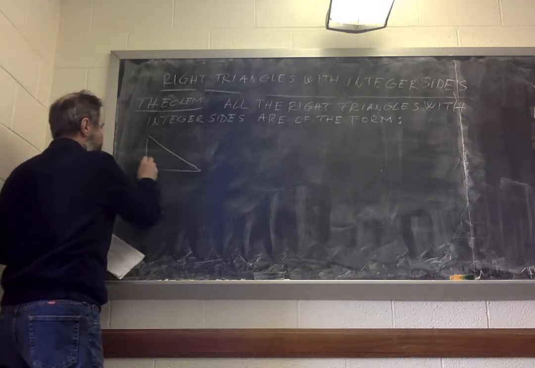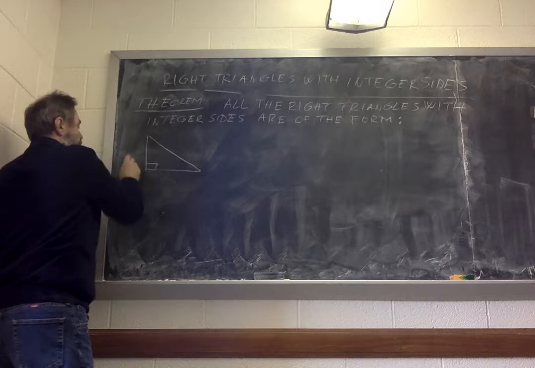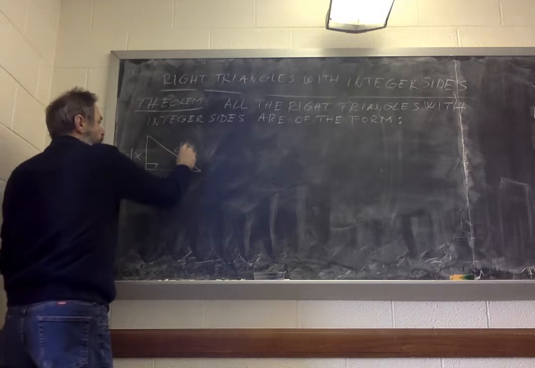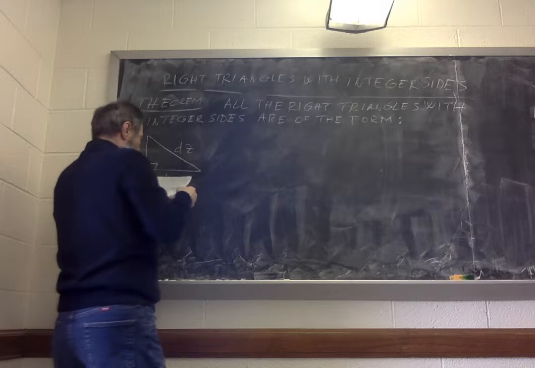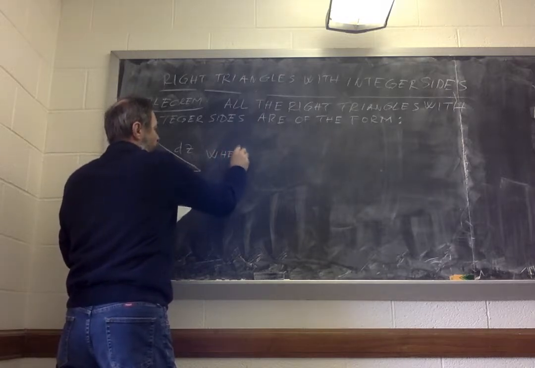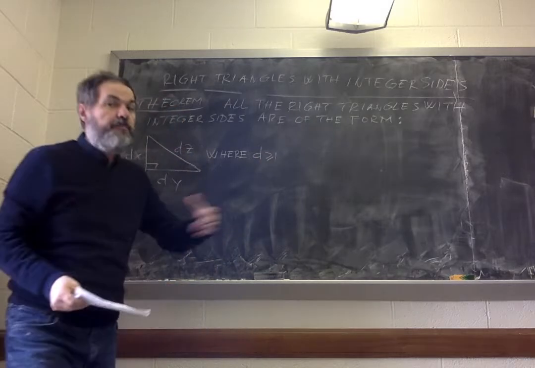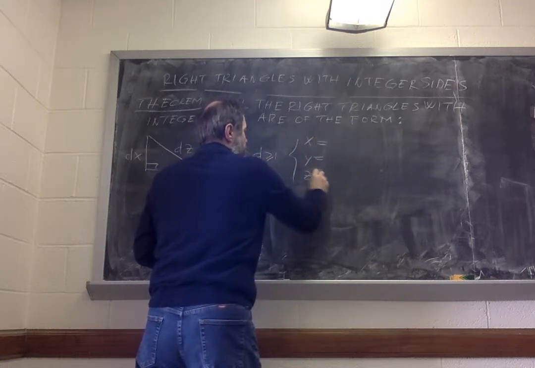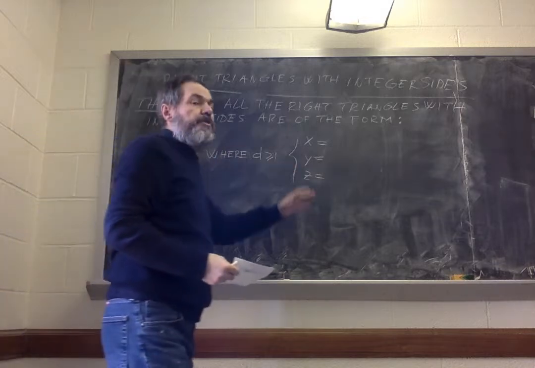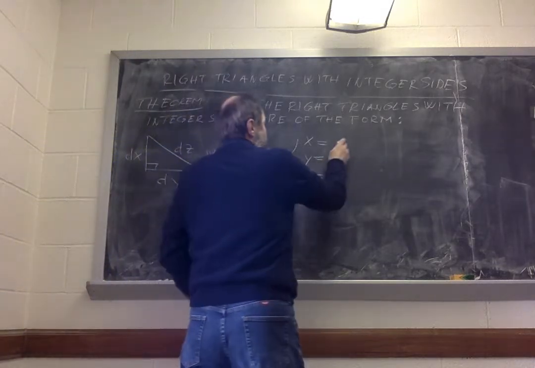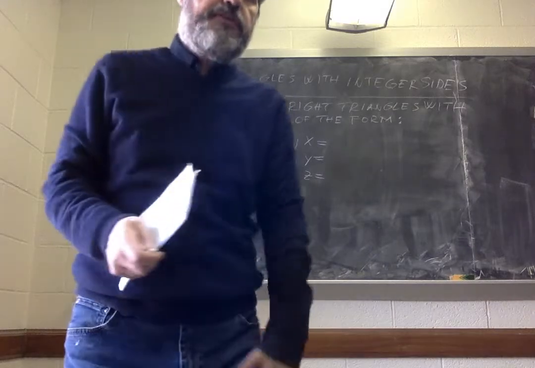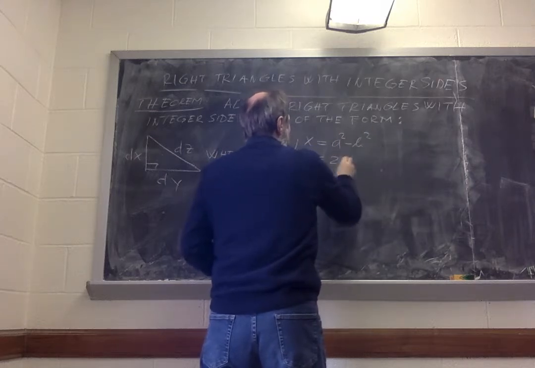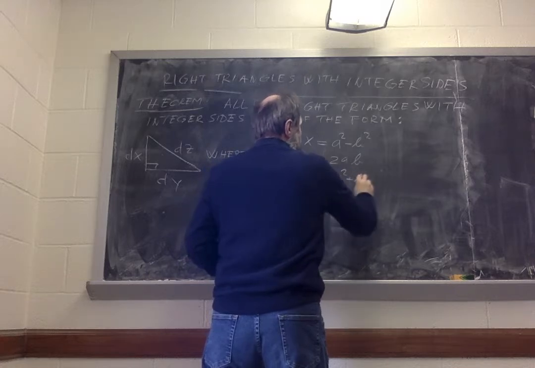Make a triangle, a right angle, and numbers like before: d times x, same d times y, same d times z, where d is larger than or equal to 1, any positive integer. x, y, and z are given in terms of two other parameters as follows: a squared minus b squared, 2 times a times b, and then a squared plus b squared.